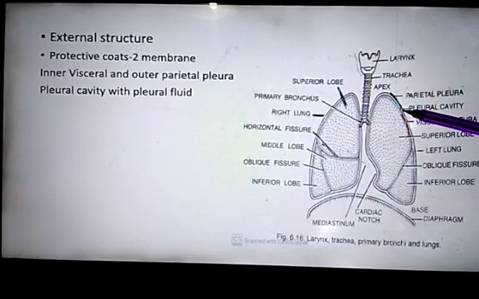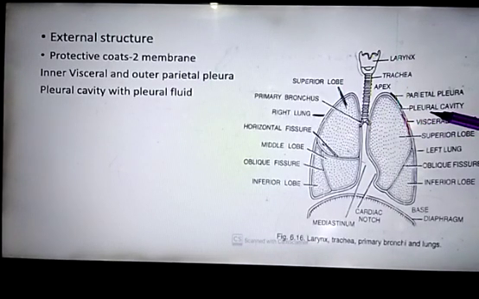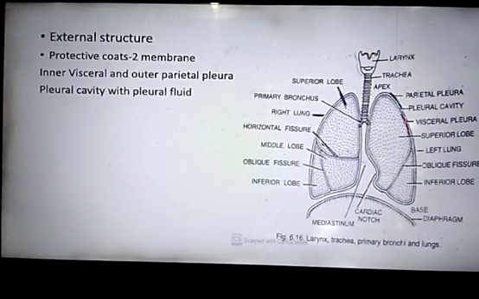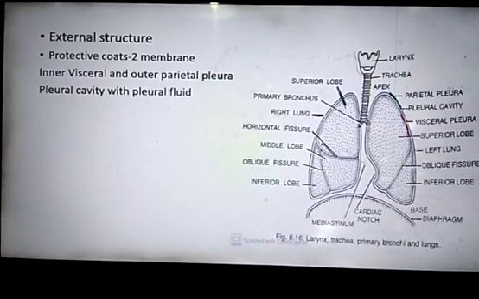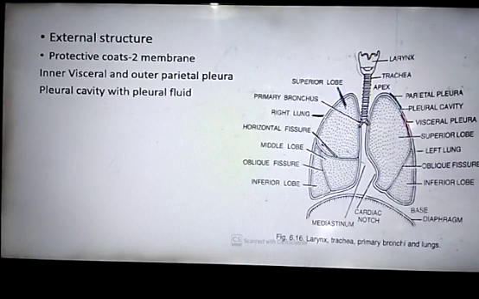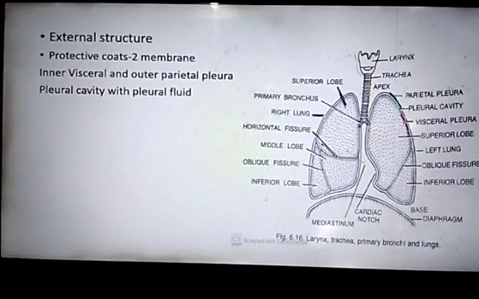This pleural cavity is filled with a fluid secreted by the pleural membrane, called pleural fluid. What is the function of pleural fluid? It lubricates the pleural membrane and reduces friction on the lung surface, and it also reduces friction during the movement of the lung in inhalation and exhalation.